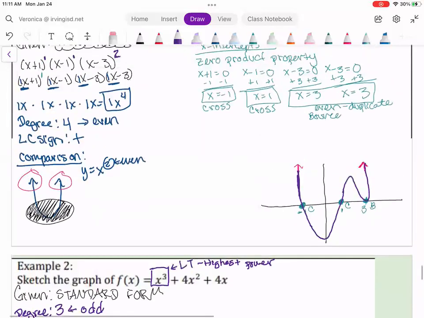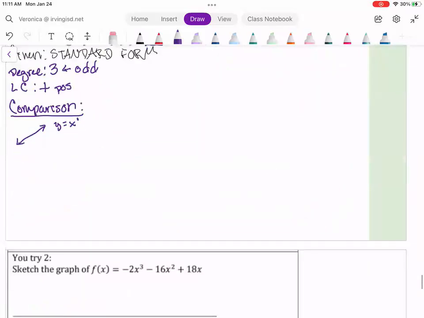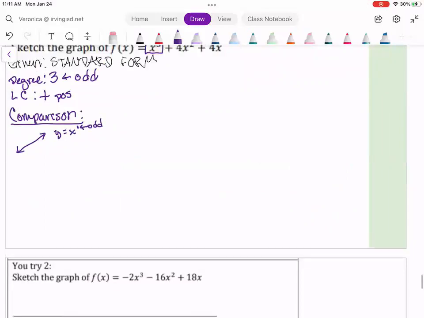And this power right here is odd, which is the same as what our polynomial has. So we're going to want this end behavior. On the left side, it's going to decrease, and on the right side, it will increase.